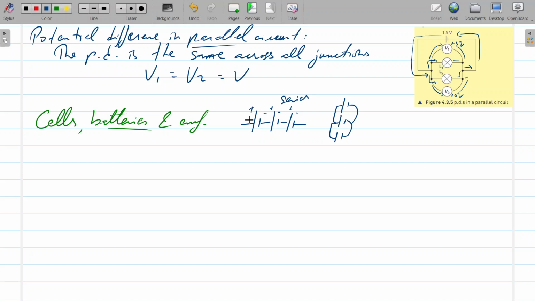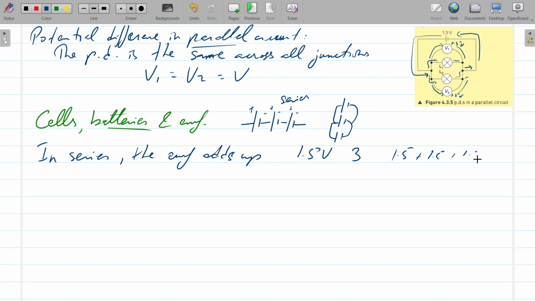So what's going to happen with batteries in series? The EMF adds up. So if each cell is 1.5 volts and you've got three of them, that's 1.5 plus 1.5 plus 1.5, and that's going to give you 4.5 volts.